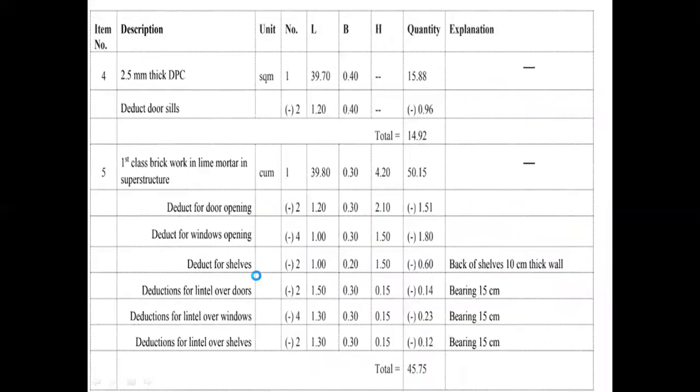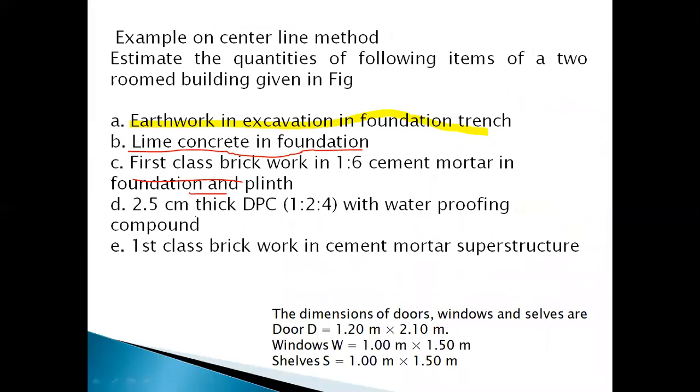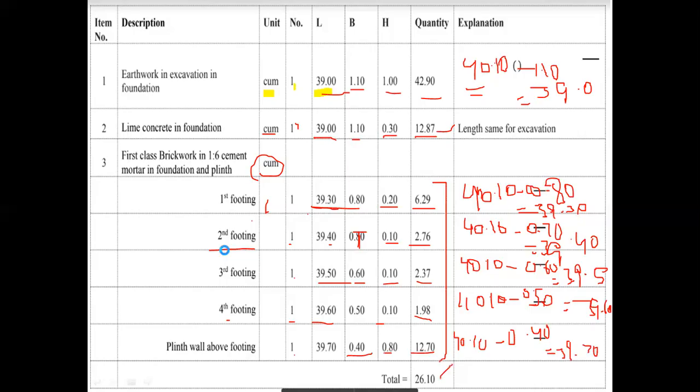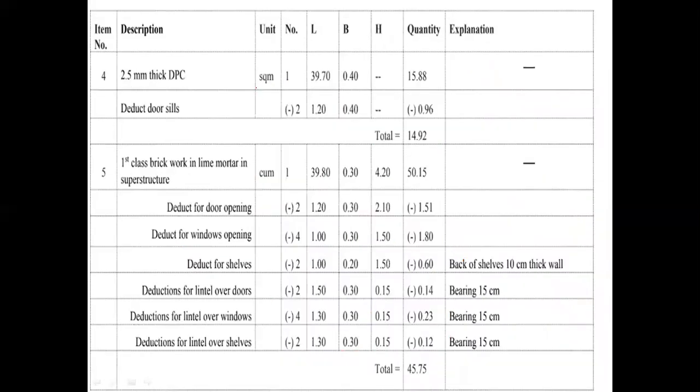Next, we go to the fourth one, the 2.5 thickness damp proof course with waterproofing compound. The unit is square meters, number 1.